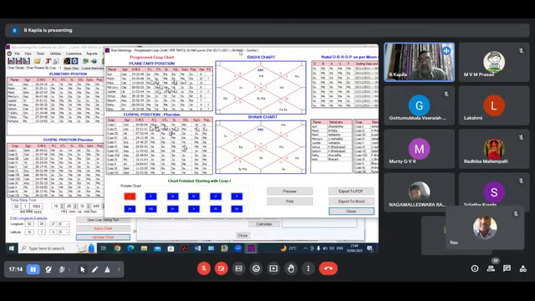Next planet is Venus. Venus is sub lord, Venus is Sukshma lord, and Venus is sign lord of Moon. If I take the case of Venus, Venus here has no PS. Venus is in Jupiter star, Venus sub and Saturn sub.